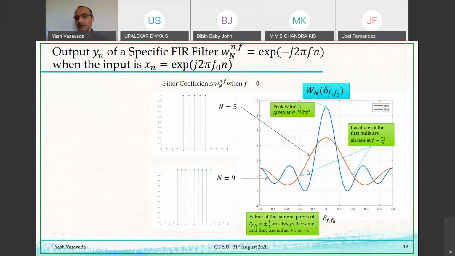Furthermore, the width of this sinc pulse is inversely proportional to the width of this rectangular pulse. When the rectangular pulse has a width of some 5 units, then you get a sinc shape which is kind of broad and wide, the red colored one.